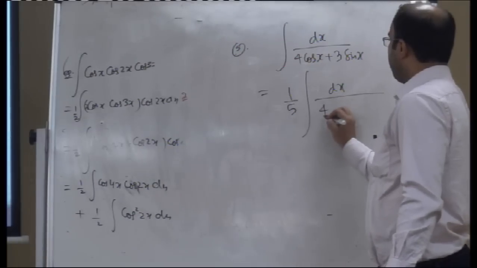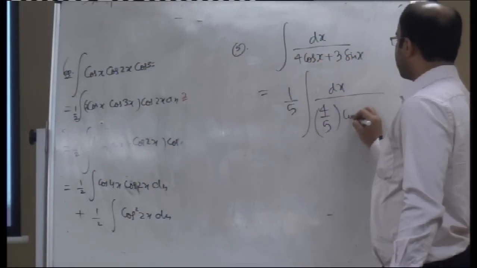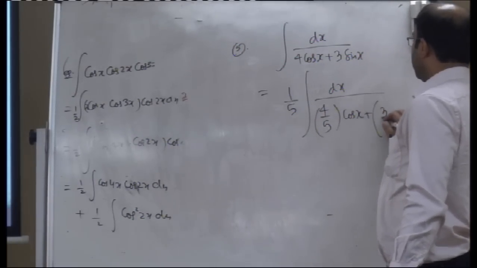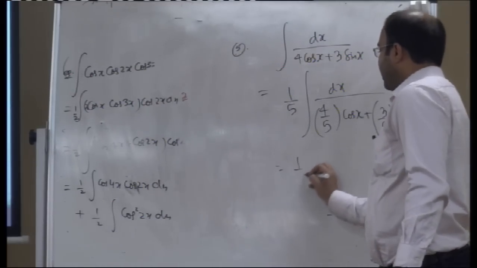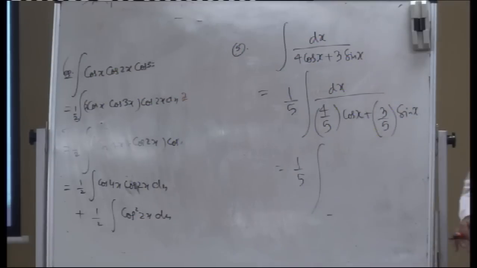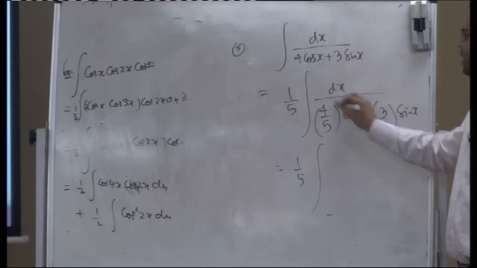This would become 4 by 5 cos x plus 3 by 5 sin x. And next, in this case you know what 3 by 5 is. This is actually either sin 37 degree or cos 53 degree. But if in such a case you don't know, what will you assume? You will assume this as cos theta, this as sin theta.